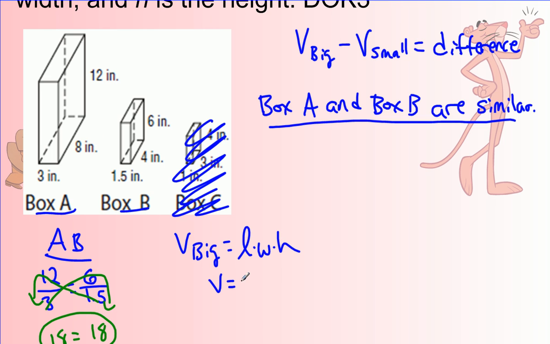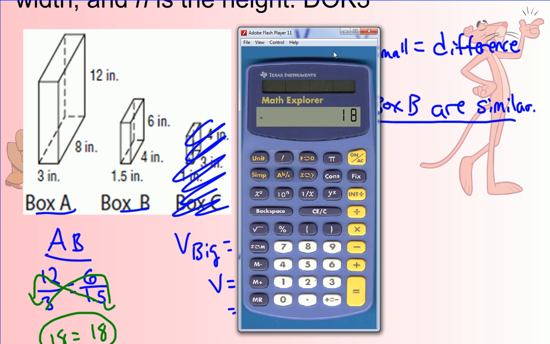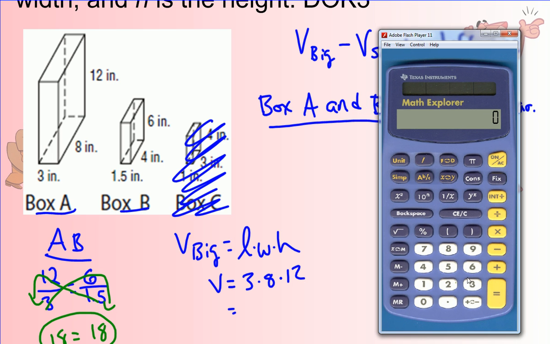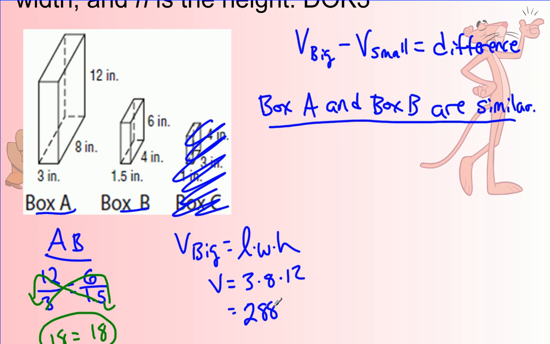So the length, well, honestly, it doesn't matter what you use for length and width and height for a rectangular prism. So I'm going to use a length as 3, width is 8, height is 12. Pop those babies into a calculator. 3 times 8 times 12 equals 288.